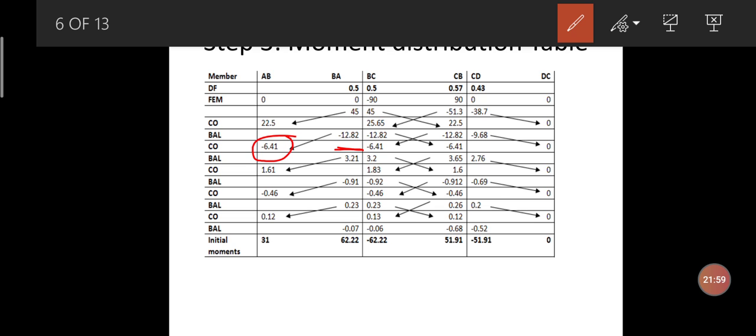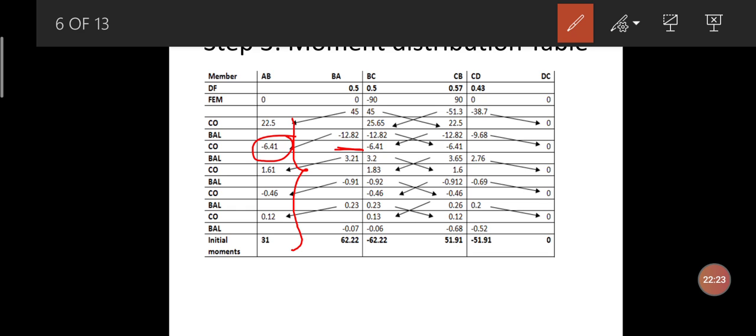So until that I need to continue this procedure, and then I need to stop. Further, after getting the final balanced moments, I need to add all of these from the beginning, from the starting of the moment calculation.